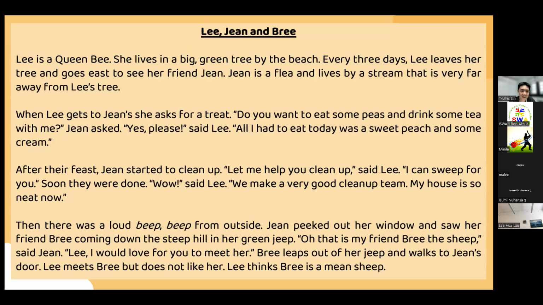Lee is a queen bee. She lives in a big green tree by the beach. Every 3 days, Lee leaves her tree and goes east to see her friend Jean. Jean is a flea and lives by a stream that is very far away from Lee's tree.